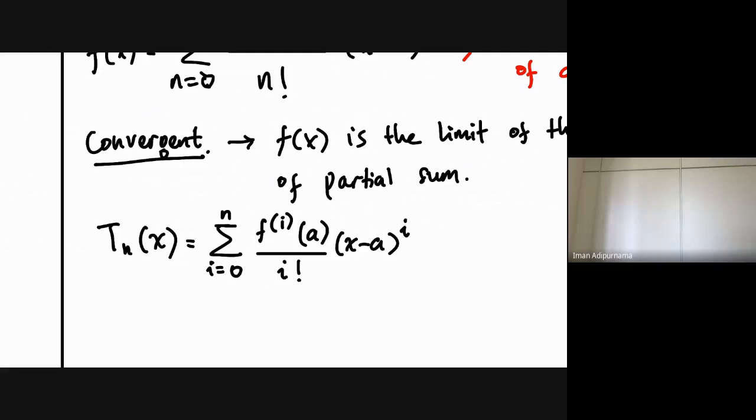So for the partial sum, we can think of the first one, then the second one, the third one, until some n.